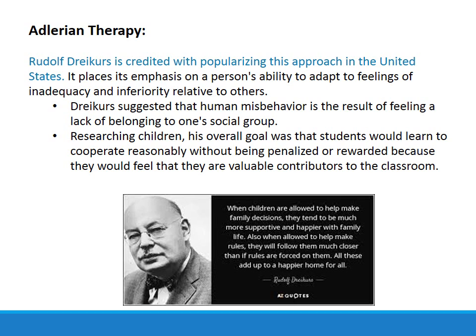Dreikurs suggested that human misbehavior is the result of a feeling of a lack of belonging to one social group. Researching children, his overall goal was that students would learn to cooperate reasonably without being penalized or rewarded because they would feel that they are valuable contributors to the classroom.